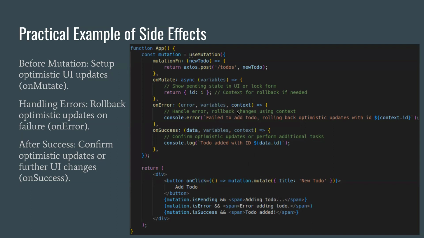If the server returns an error, onError can be used to remove this pending to-do and show an error message. If the server confirms the addition, onSuccess can replace the pending to-do with the confirmed one.